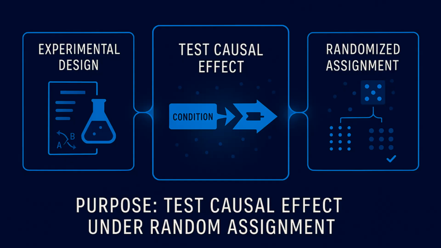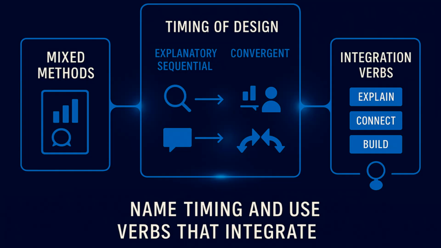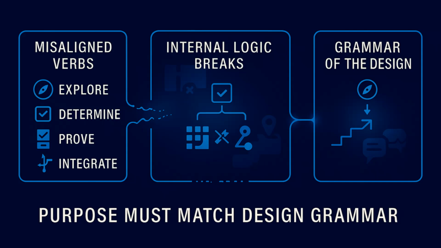If the design is experimental, the purpose states that it will test the causal effect of a condition under randomized assignment. And if the study is mixed methods, the purpose must name the timing of the design, explanatory sequential, exploratory sequential, or convergent, and the verbs must signal integration such as explain, connect, or build. Misaligned verbs break the internal logic of the study. The purpose must be written in the grammar of the design.